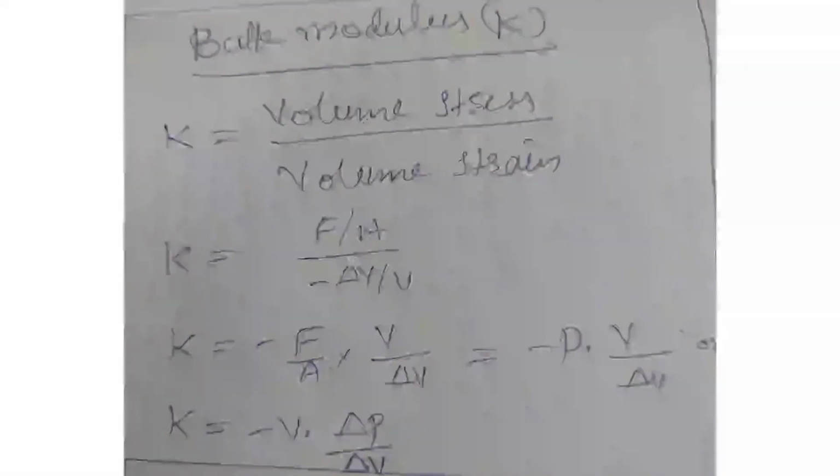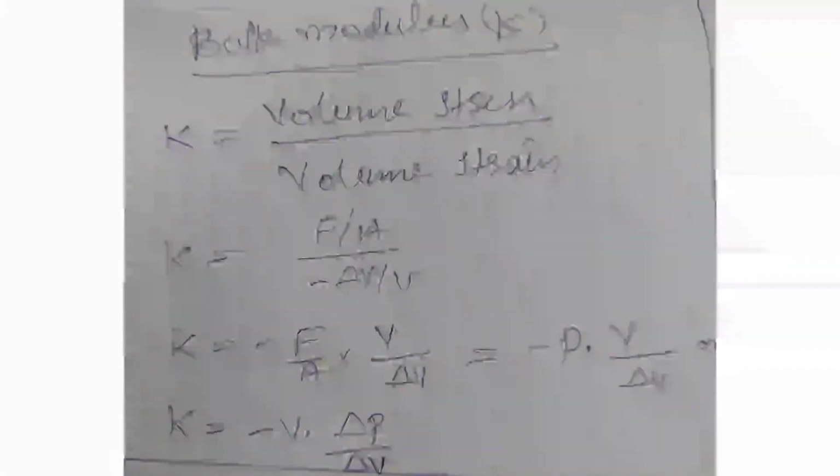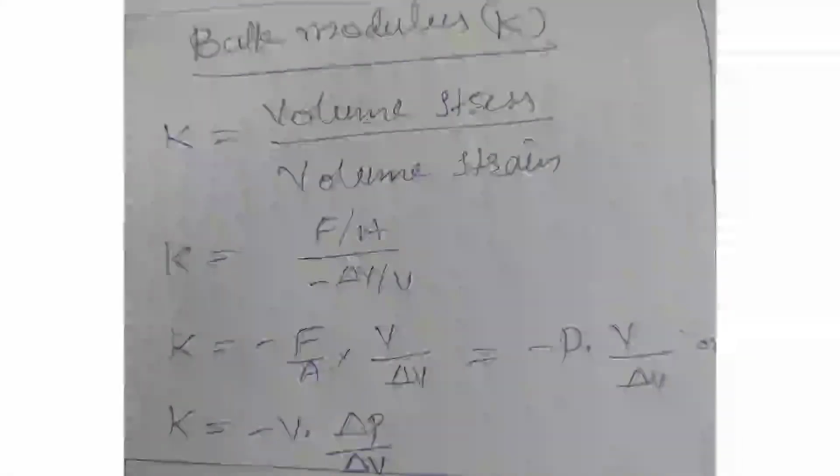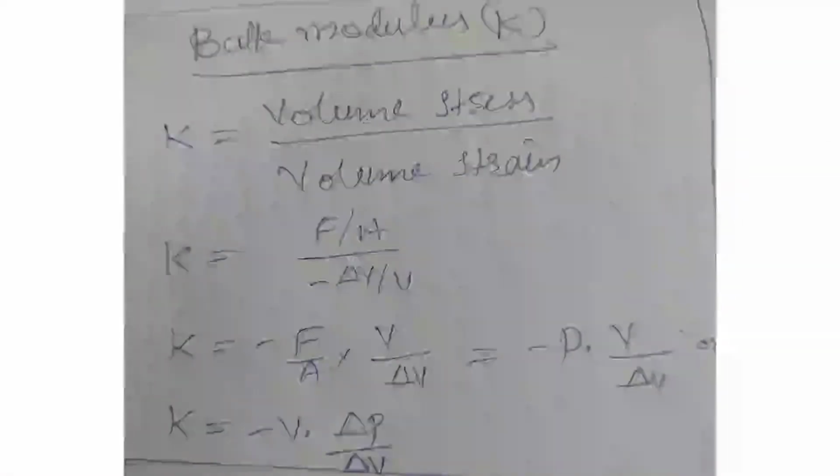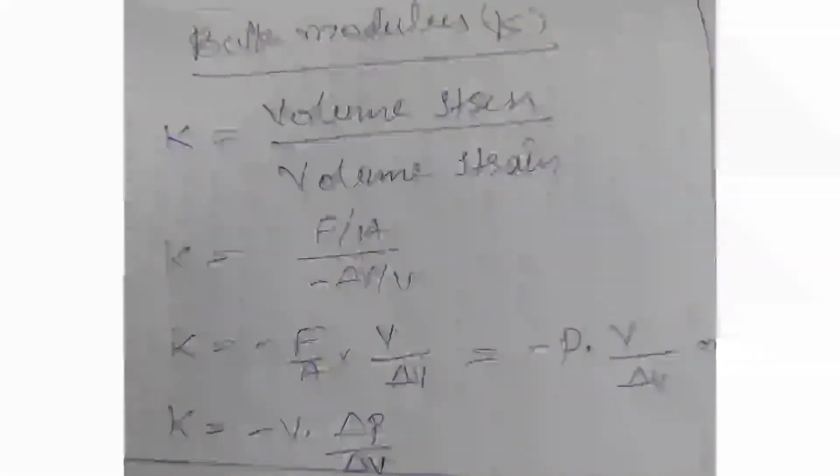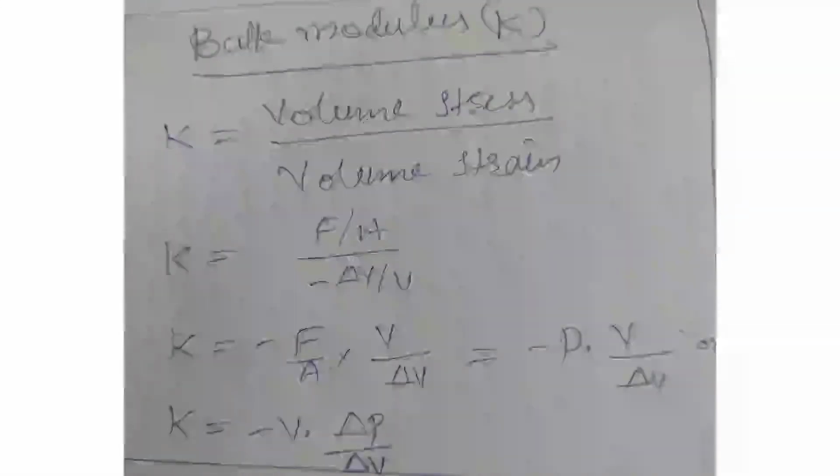Bulk modulus is defined as the ratio of volume stress to volume strain.